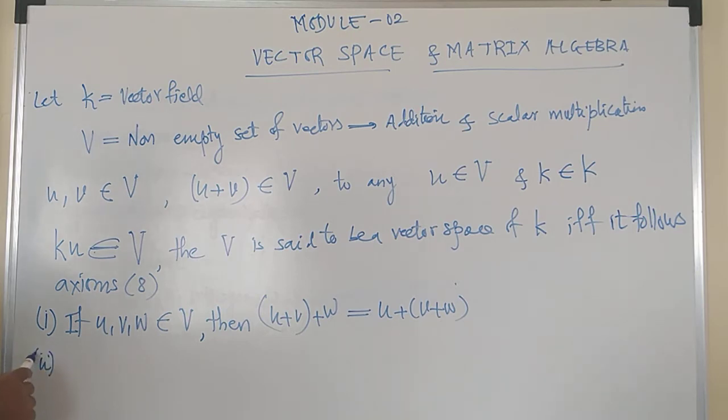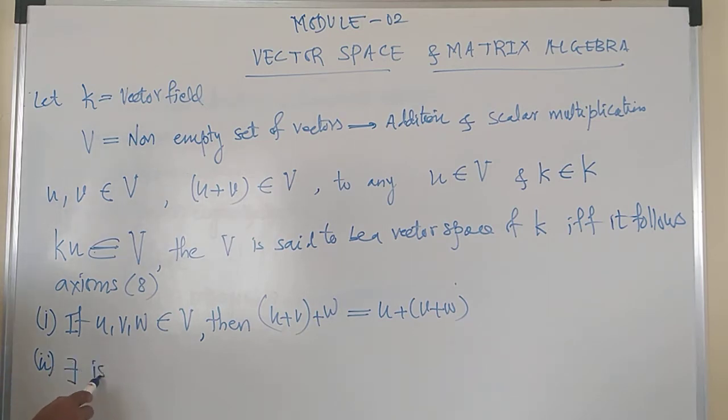The second axiom to be followed to have a particular set be a vector space is the zero vector.